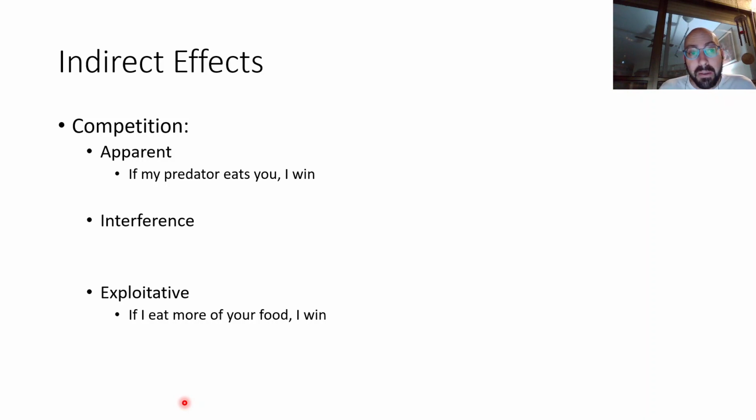Apparent competition essentially says, if we share a predator, we are basically positively affecting each other because for each one of you that gets eaten, I don't get eaten. So if I'm competing with you through your predators, that is called apparent competition.